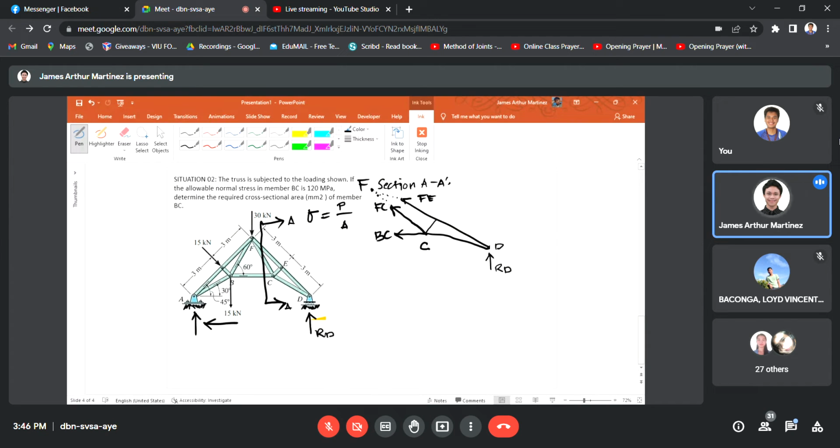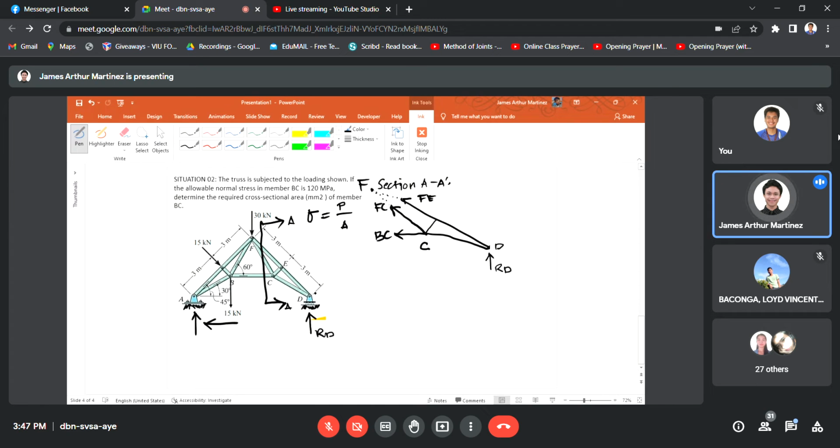Because if we take moments about joint F, your two unknown variables, FE and FC, cancel out since they act directly at point F. So they are disregarded in this analysis, which leaves us with one unknown variable, BC. And since that is our goal, it is more convenient and efficient to take moments about point F.